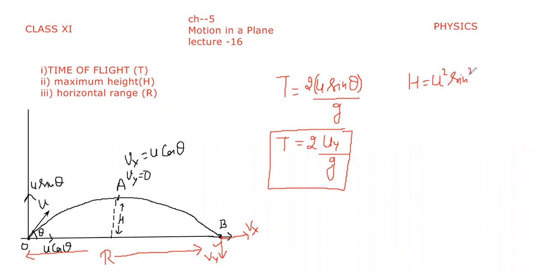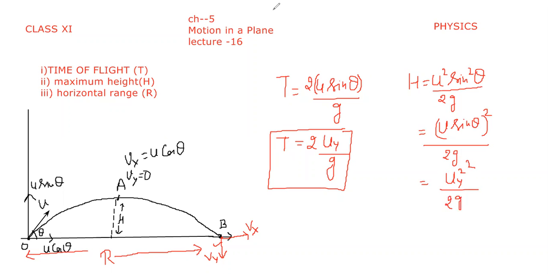That is u square sin square theta upon 2g, so we can write u sin theta whole square upon 2g. So capital H equals uy square upon 2g.